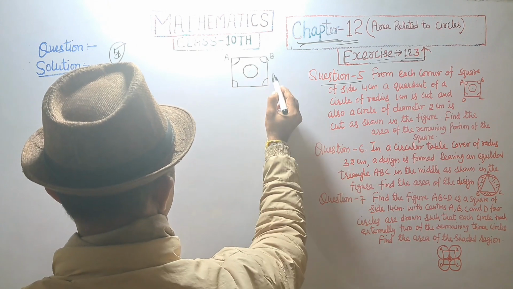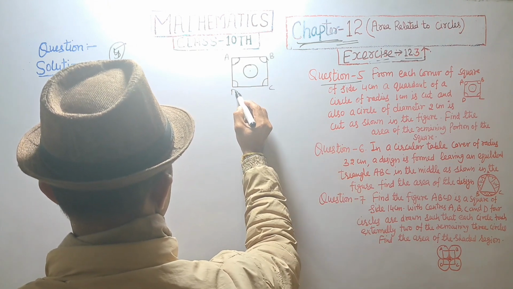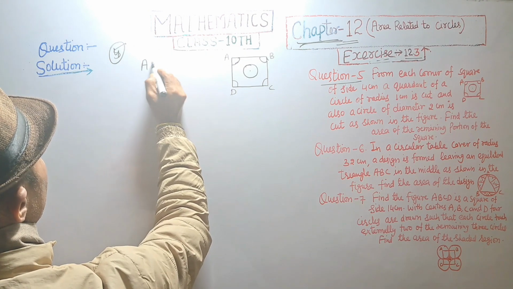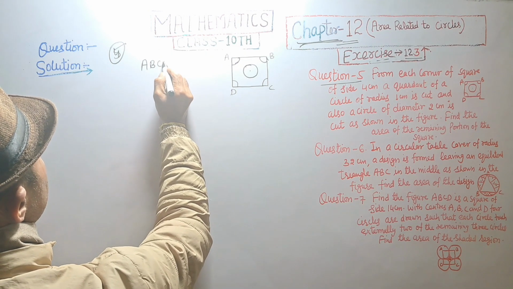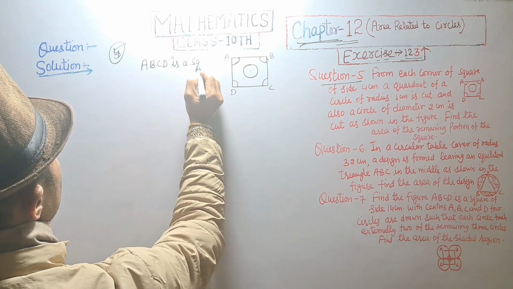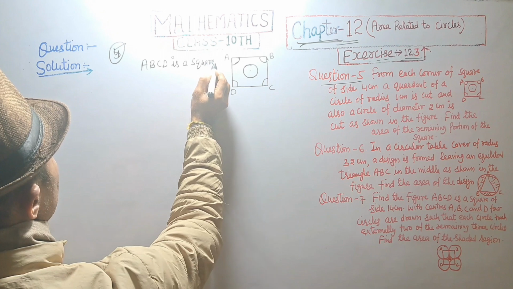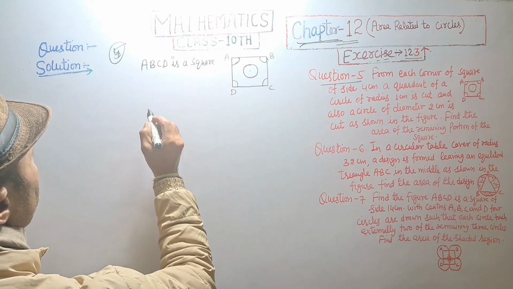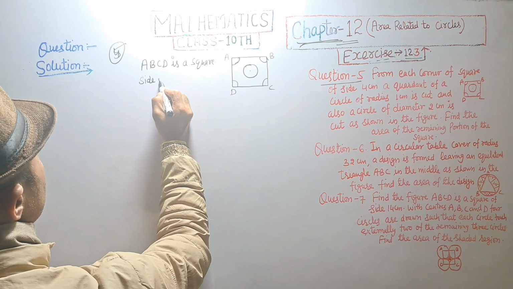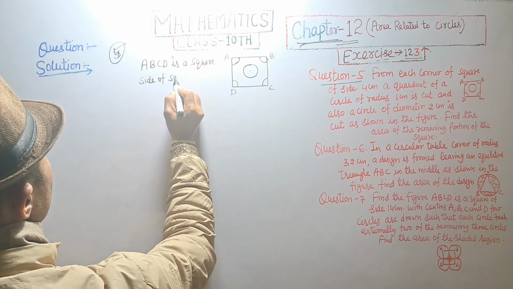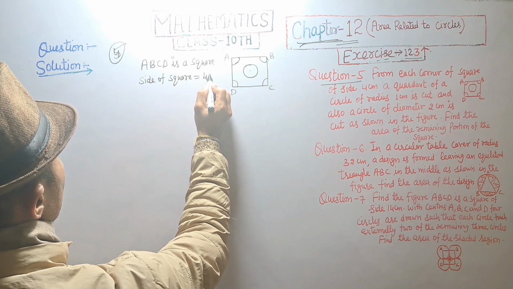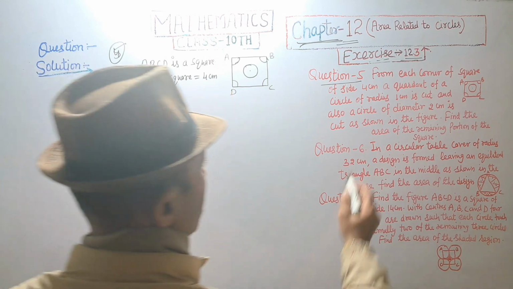A, B, C, D. ABCD is a square. Side of square is equal to 4 cm.